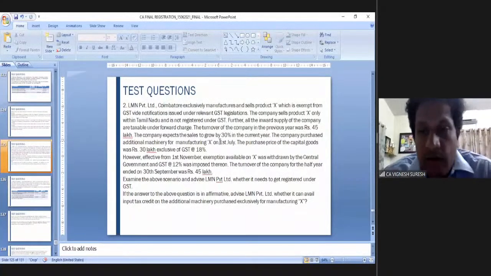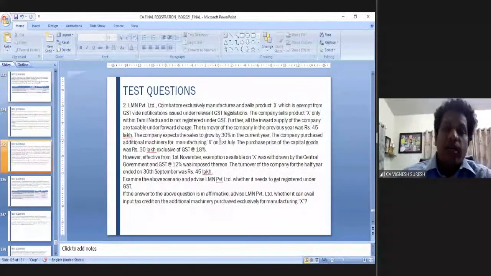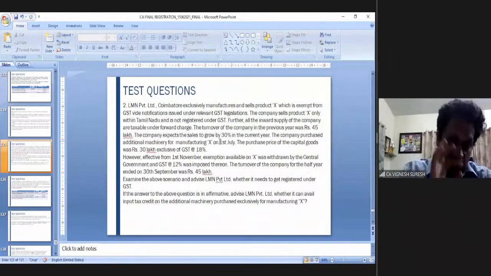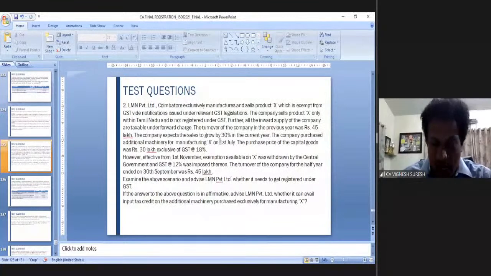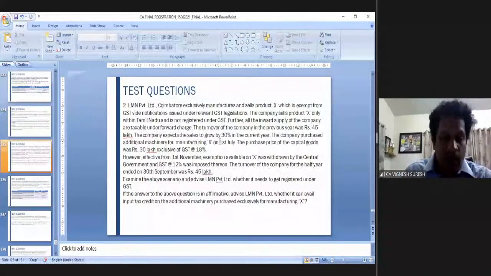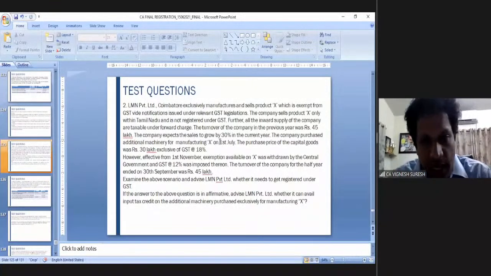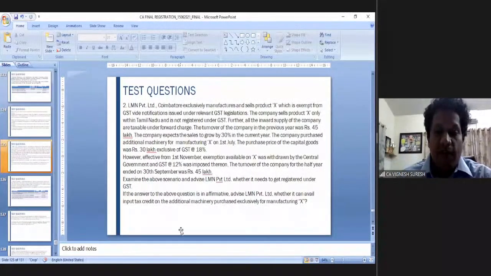Since the turnover is more than 40 lakhs, he has to get himself registered under GST. So for the first question, since the exemption is withdrawn for the product, and aggregate turnover includes the value of the exempt supply as well, and since it is more than 40 lakhs, the company has to get itself registered under GST.